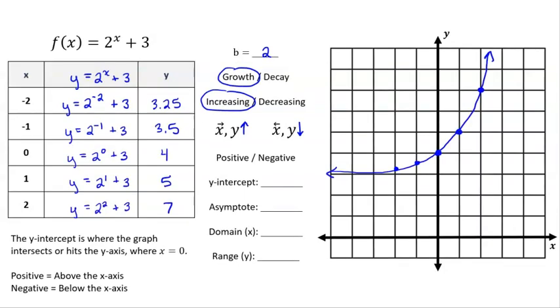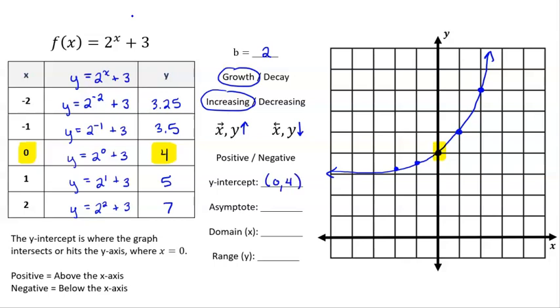So with this one, you want to take notice that when x is 0, we have 2 to the 0, which is going to be 1, but then we're adding that 3. So 1 plus 3 gives us 4, and so that y-intercept is changing. So be careful with this one. And so our y-intercept is going to be 0, 4.